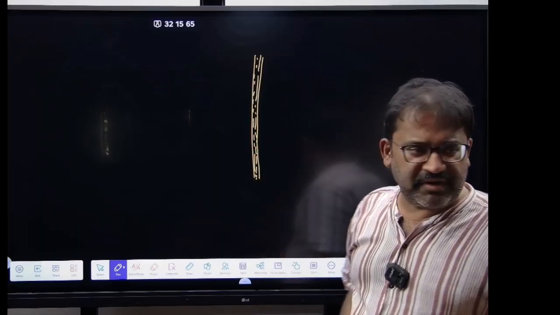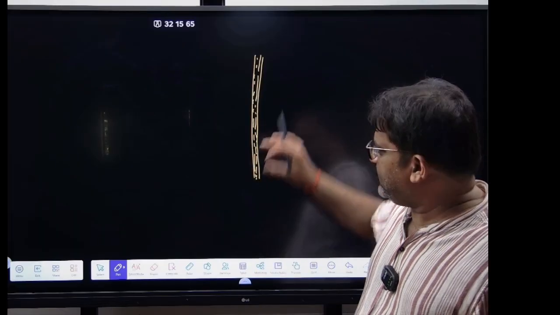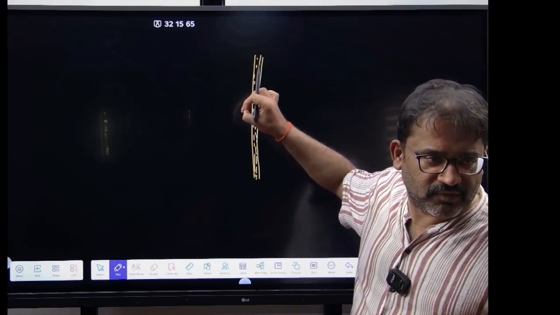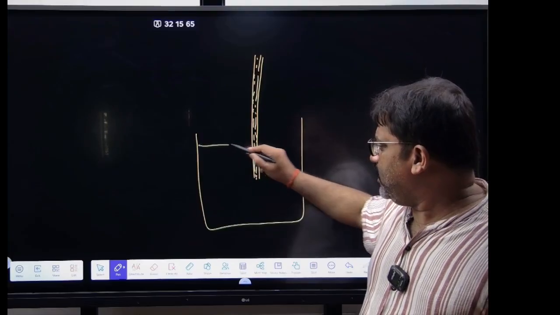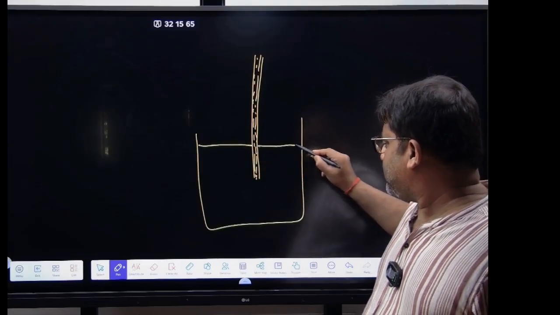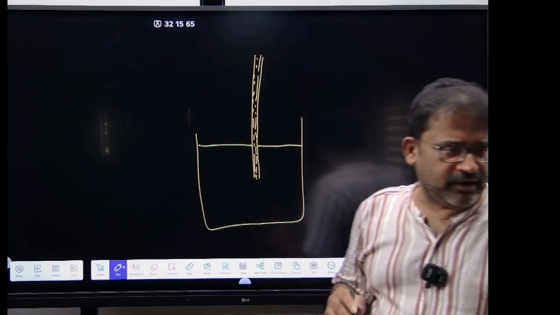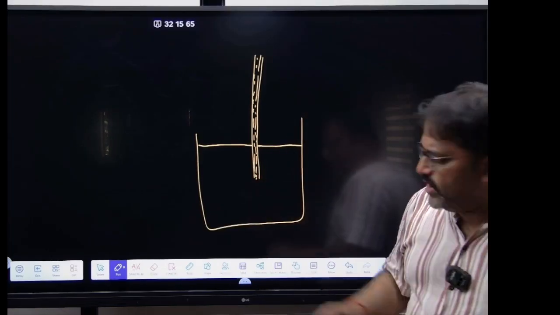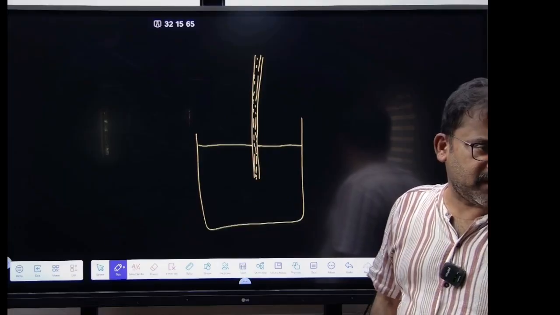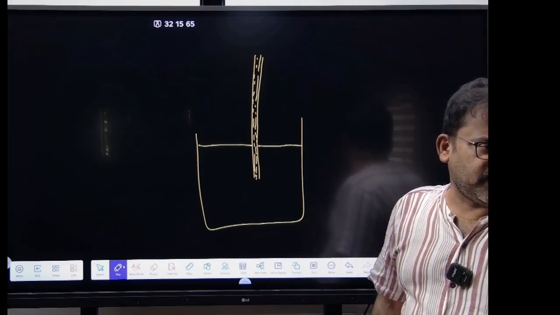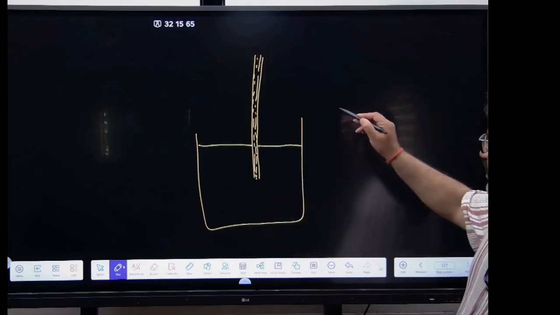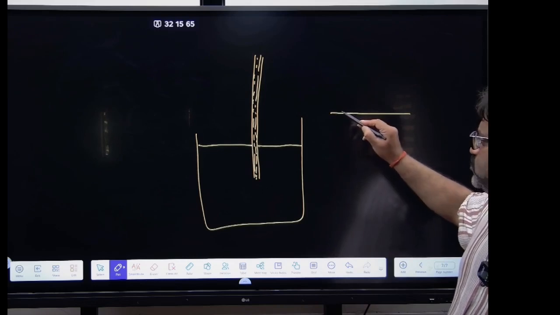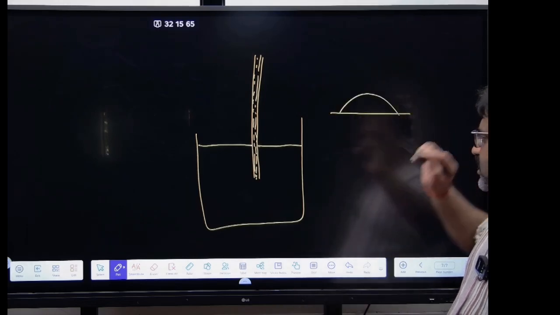Now what is the meaning of capillary rise? Let us say that we take this rod and put it in a container containing liquid. Now when you go for liquids, there are generally three types of liquids in consideration. The first is the liquid which will be present in this manner.